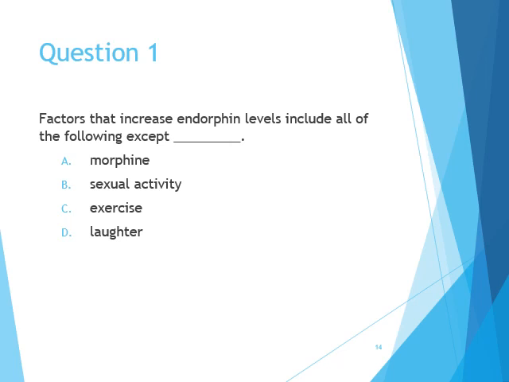A good laugh can always make you feel better. Exercise makes you feel better. Acupuncture is another treatment. And a TENS unit, we're going to talk about that also. It's called the transcutaneous electrical nerve stimulator, or TENS unit. Massive trauma and sexual activity.